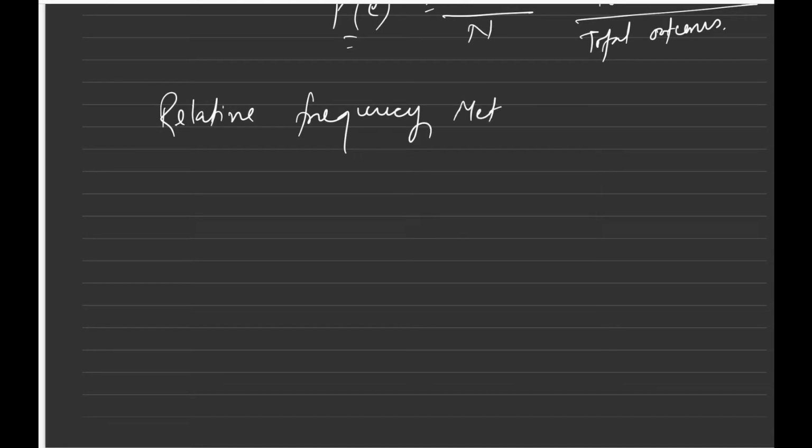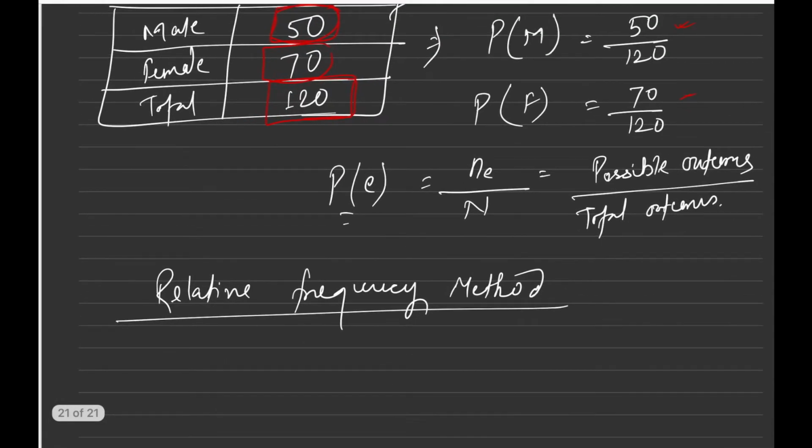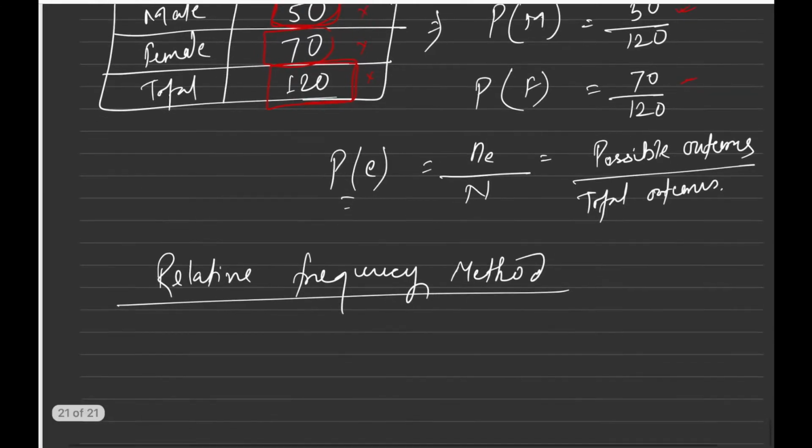Now in the relative frequency method, as earlier we had the fixed numbers, right? Like 50 only, 120 or 70 only, right? But in relative frequency, this won't be fixed. It will keep increasing based on the number of trials or number of experiments you are performing.